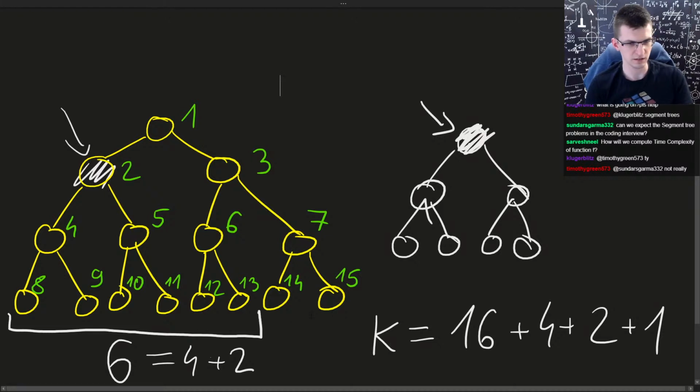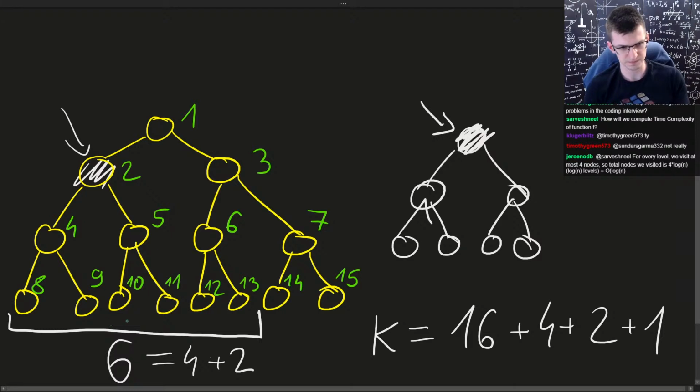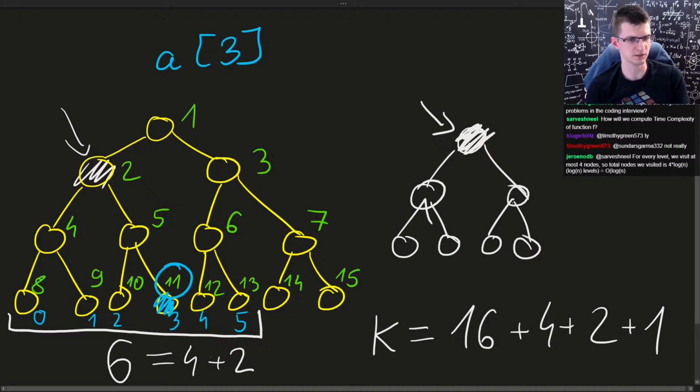If n is 8, and we used the blue indices 0, 1, 2, 3, 4, and so on, the value A of 3 corresponds to the leaf with position 11. 11 is 8 plus 3. A of 0 is stored in tree of 8. This is the same as tree of 11, because that's 8 plus 3.